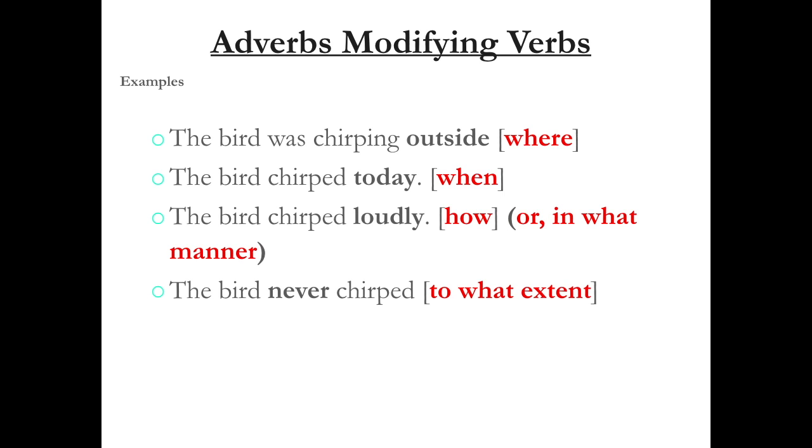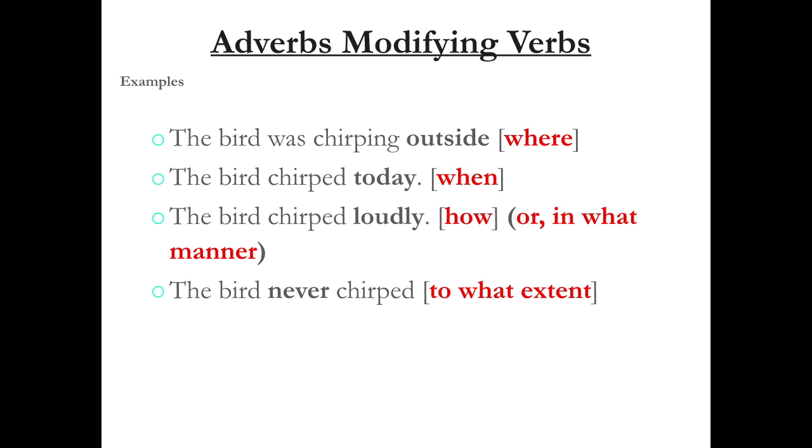Let's take a look at a few more examples here. Remember, adverbs can only modify verbs, adjectives, and other adverbs. So, adverbs obviously modify verbs, so check near your verb. In this case, our verb is chirping. So, the bird was chirping outside. Where was it chirping? Outside. The bird chirped today. When did it chirp? It chirped today. The bird chirped loudly. How or in what manner did it chirp?